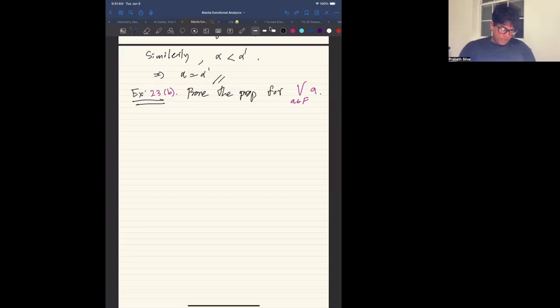Let V be a vector space and L(V) be the set of linear subspaces of V. And we have shown that L(V) with this order is a partial order.